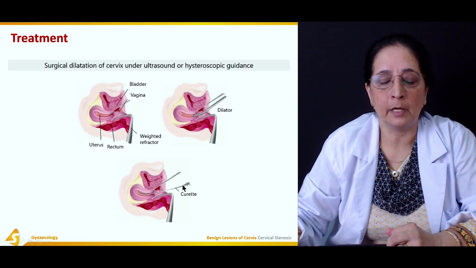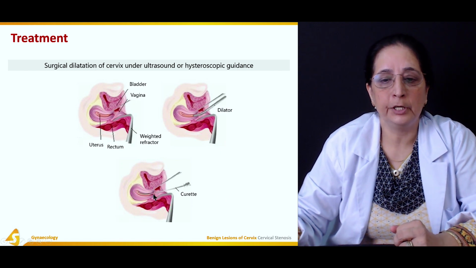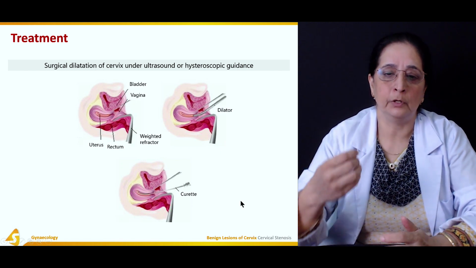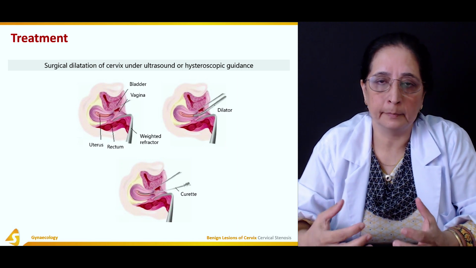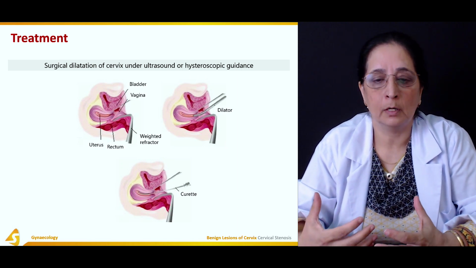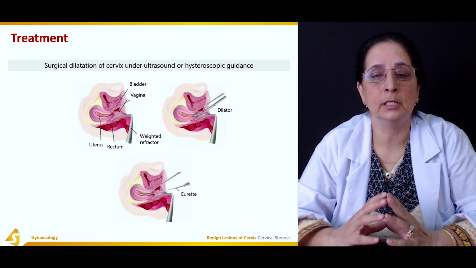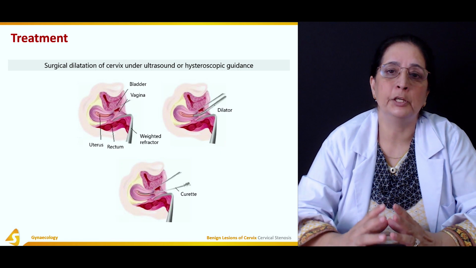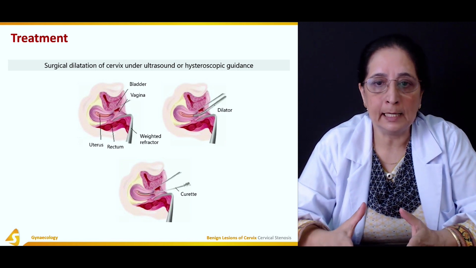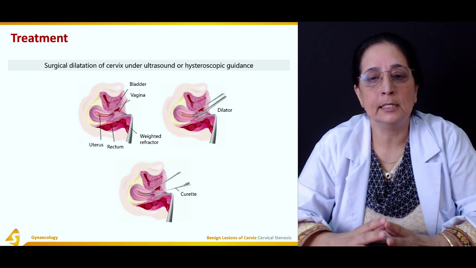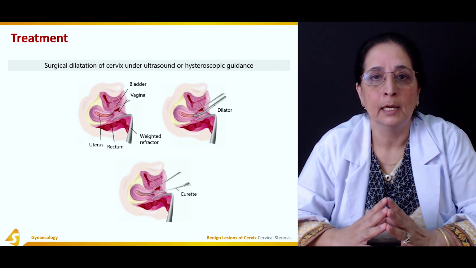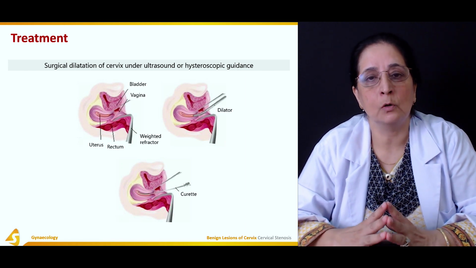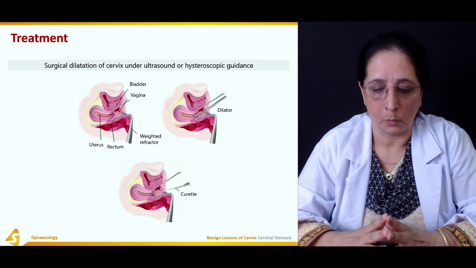And sometimes after the dilation, the curette is inserted to remove the tissue or scarring. So dilation and curettage, the dilator and curette, is used to dilate the cervix, and this is usually performed under the guidance of ultrasound or hysteroscope.